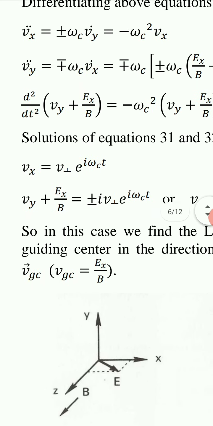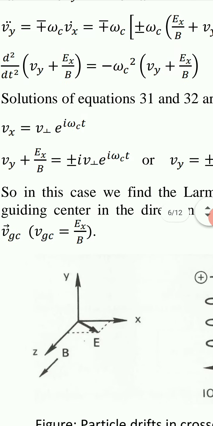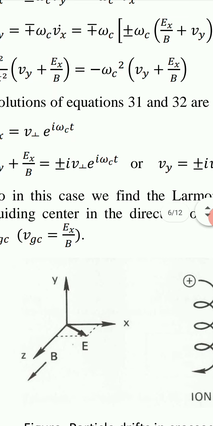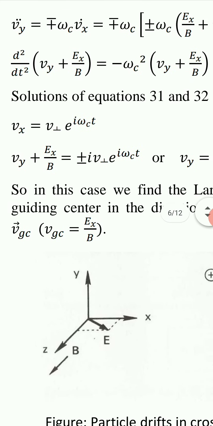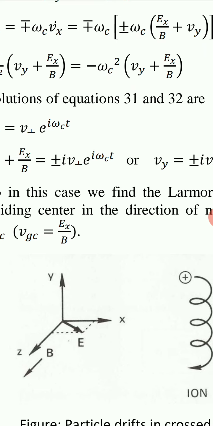And the solution of equation 32, which is for Vy plus Ex upon B, gives the value of Vy plus Ex upon B as equal to V perpendicular e to the power i omega ct.